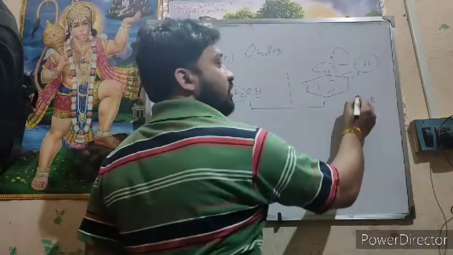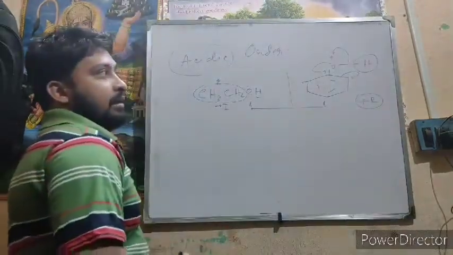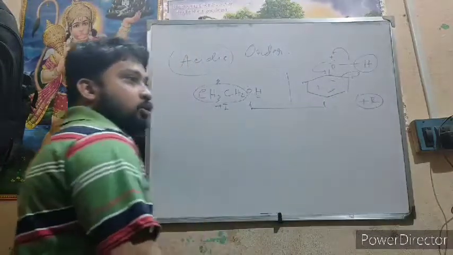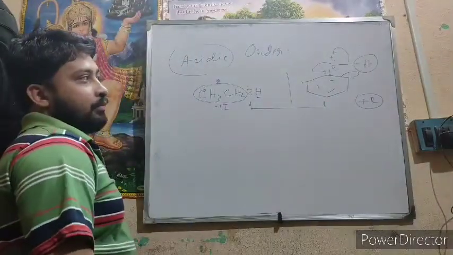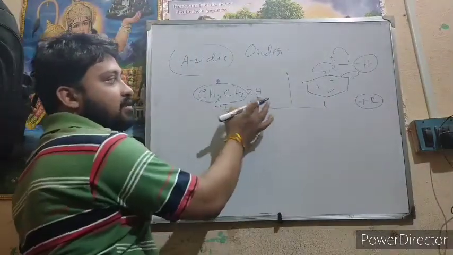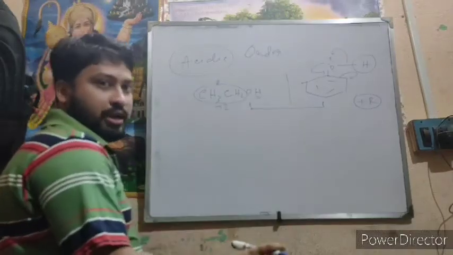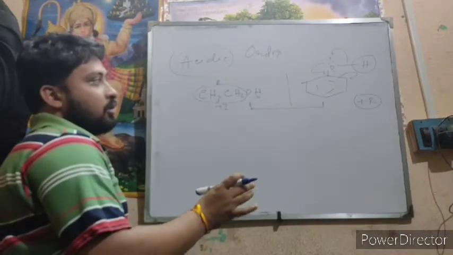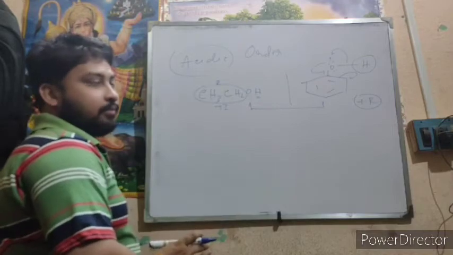So due to this resonating effect, the H plus is donated easily, but due to the I effect, H plus cannot be donated easily.